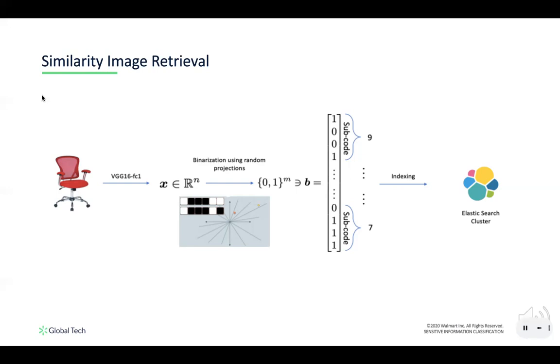In order to solve this, we employ a variant of locality-sensitive hashing that binarizes the embedding vector by partitioning the embedding space using random projections. By constraining the dimensionality of the new binarized space, we can also mimic the effects of dimensionality reduction on the scalability of the search system.